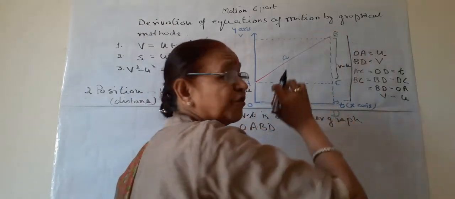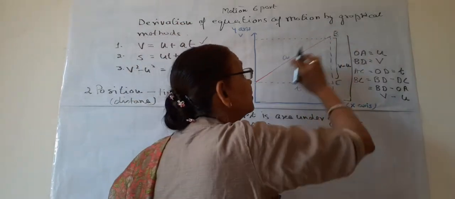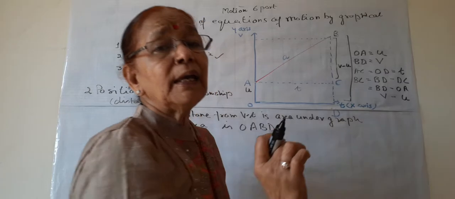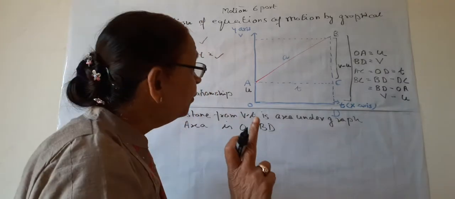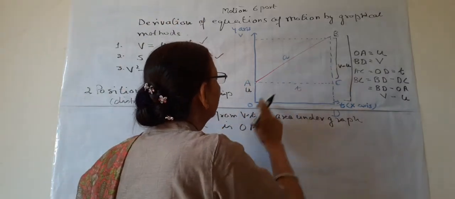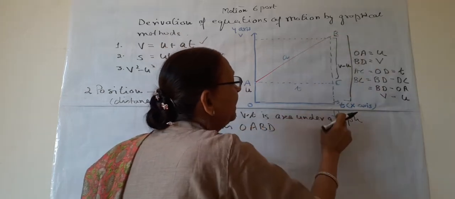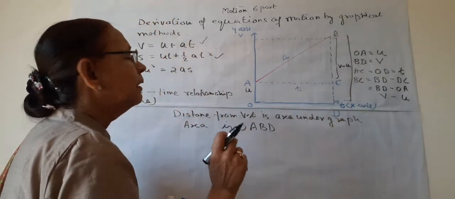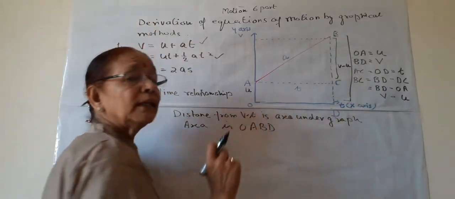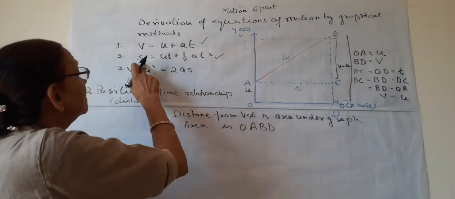This line is a straight, slanting line, so this is acceleration and it is uniform.